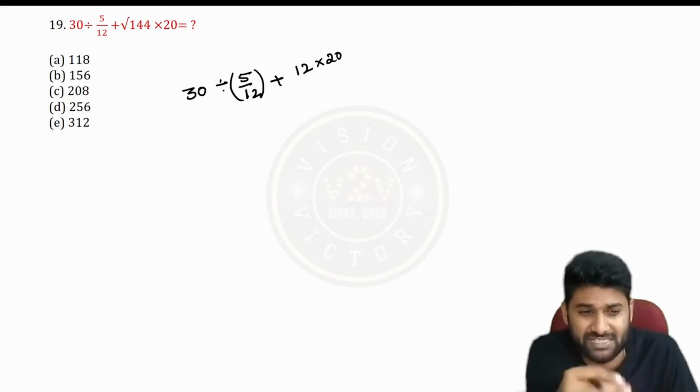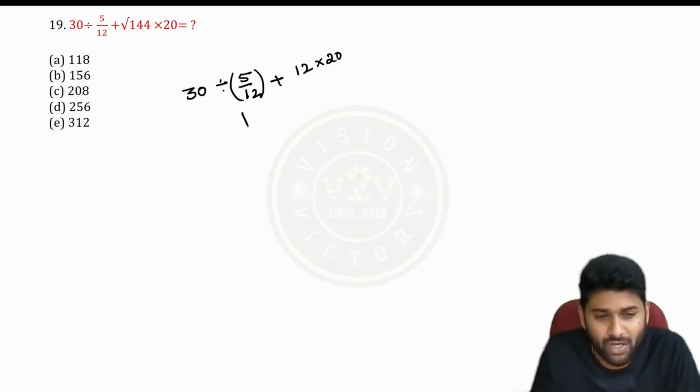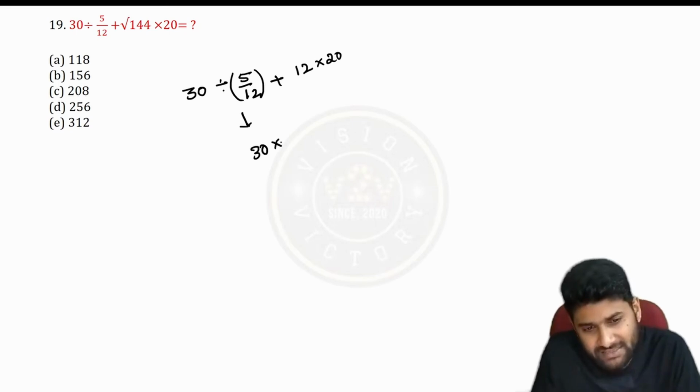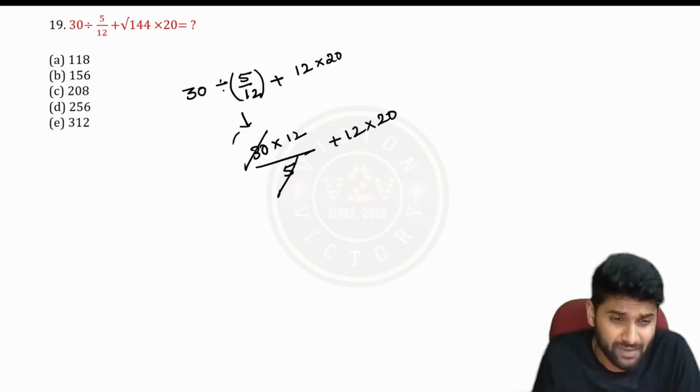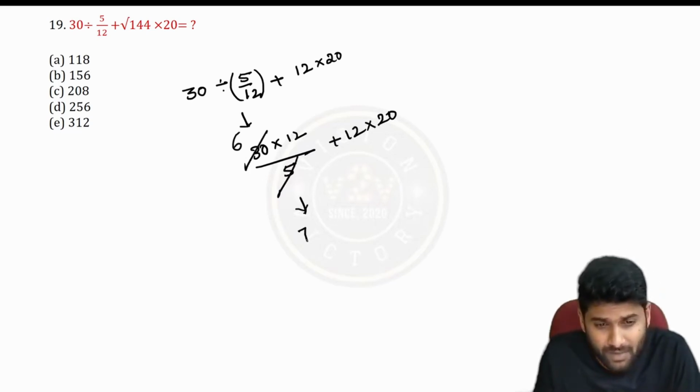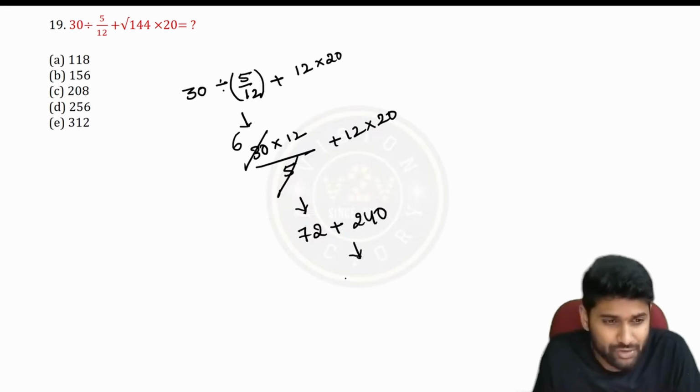If 30 is divided by 5 by 12, now you have to take this equation as 30 multiplied by 12 divided by 5. You should know this information, guys. Otherwise, it creates a few confusions. 72, 240, and the total value becomes 302. That's your answer.